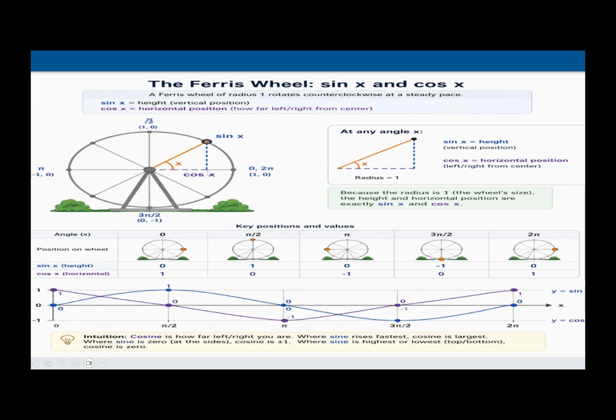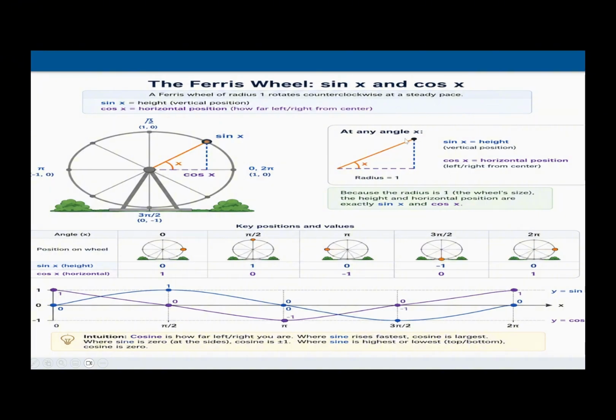If you learned it with a triangle, it's the right triangle here. Sine equals opposite divided by hypotenuse. Cosine equals adjacent divided by hypotenuse. We remember this from geometry. So at the angle x, you can see sine x is the height, and cos x is the horizontal.